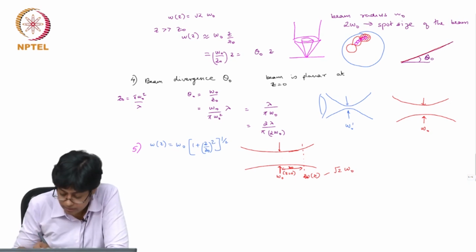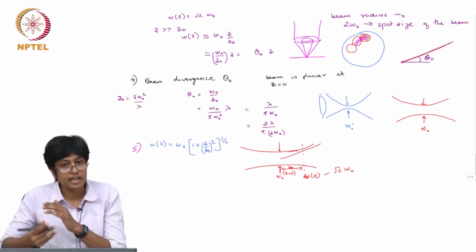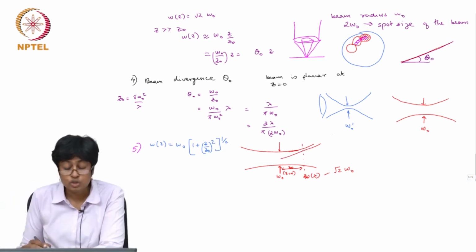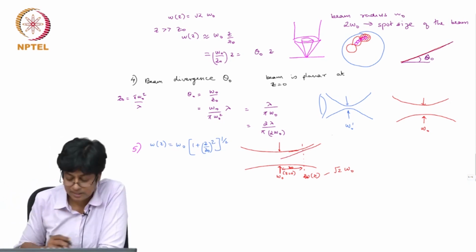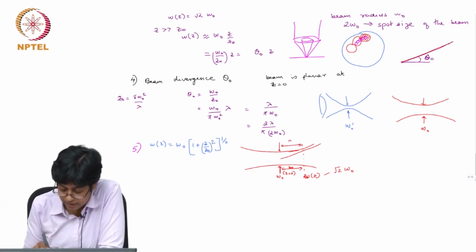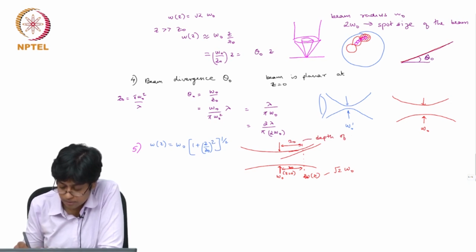And we also said this is the point where you can imagine that the divergence becomes constant. So another way of considering z naught is to say z naught is the depth of focus of the Gaussian beam.